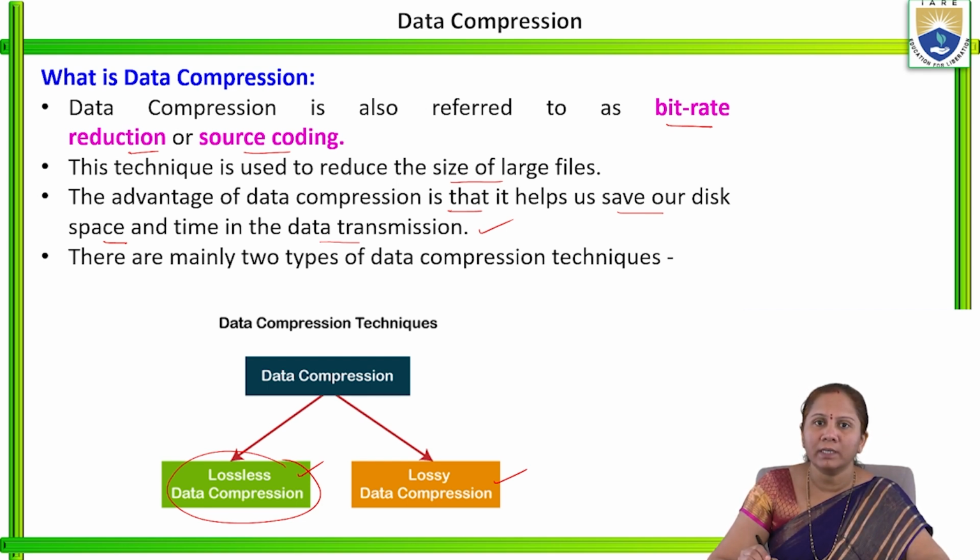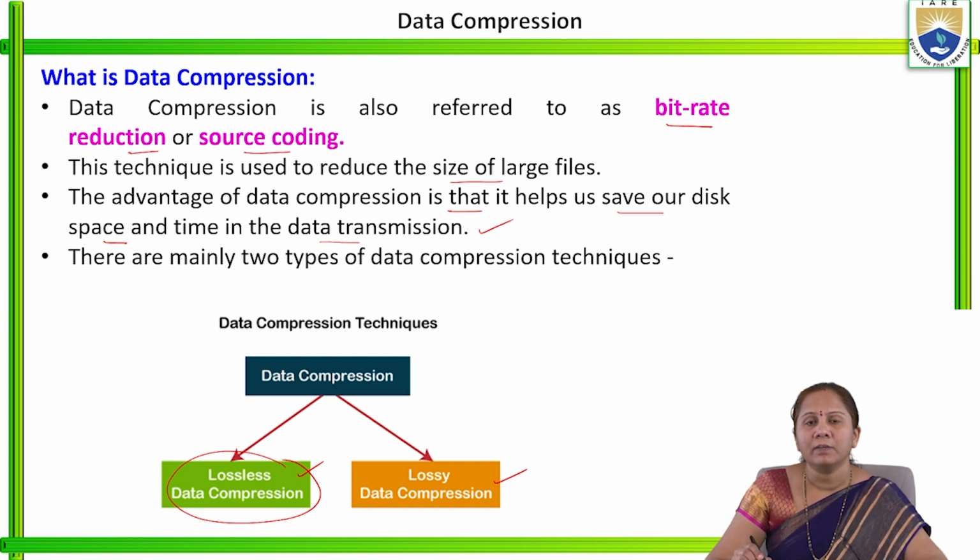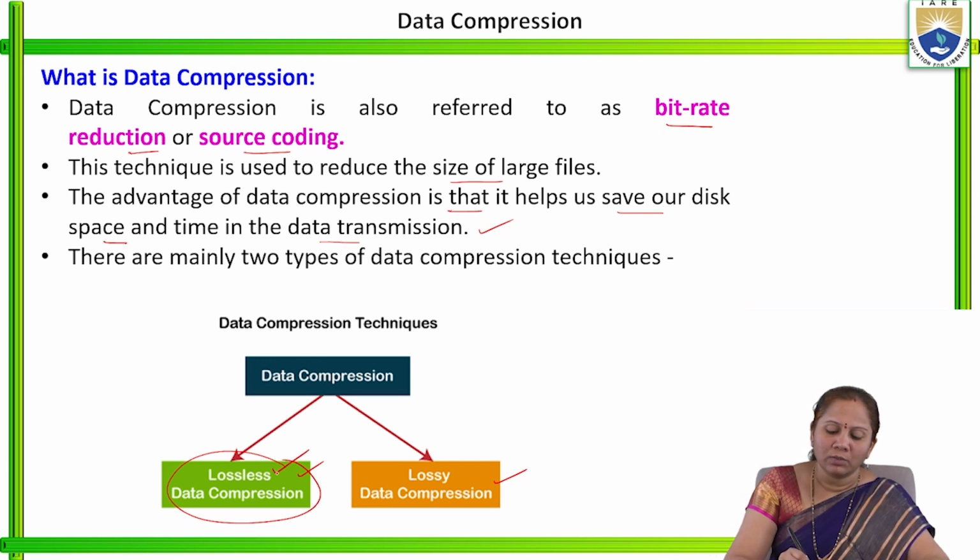After compressing the file using this technique, there will not be any loss of information or quality of the image. The decompressed image at the output will be the same as the original image. We discussed this in detail in the previous session.